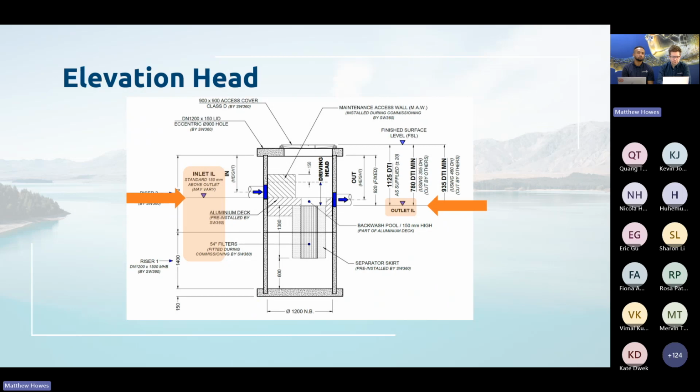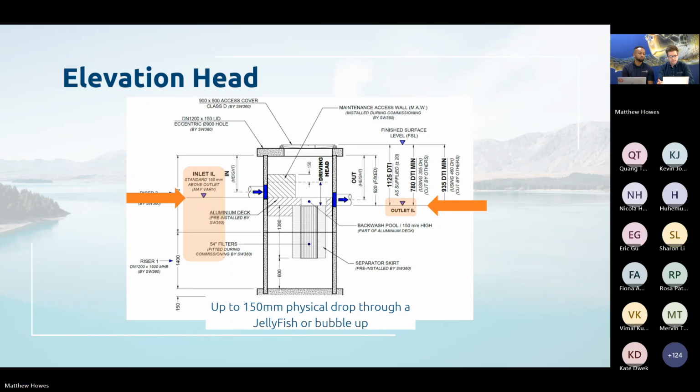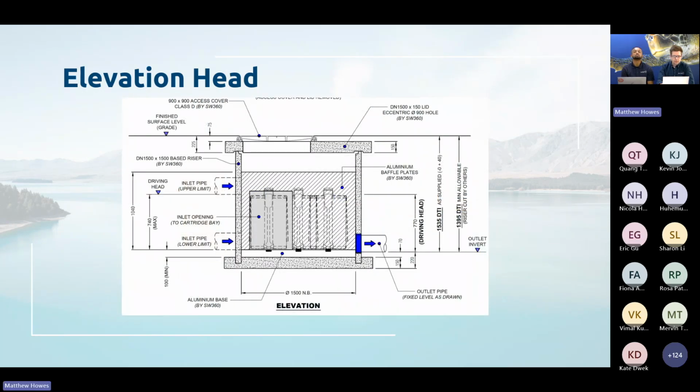And in fact, the jellyfish is a little bit special because as a treatment device, we can have up to 150 mil fall through the treatment device, or we can have a bubble up system in the jellyfish where the inlet is actually lower than the outlet. And for the storm filter, we have our outlet invert here, and then we have the range of inlets where the inlet can go here.